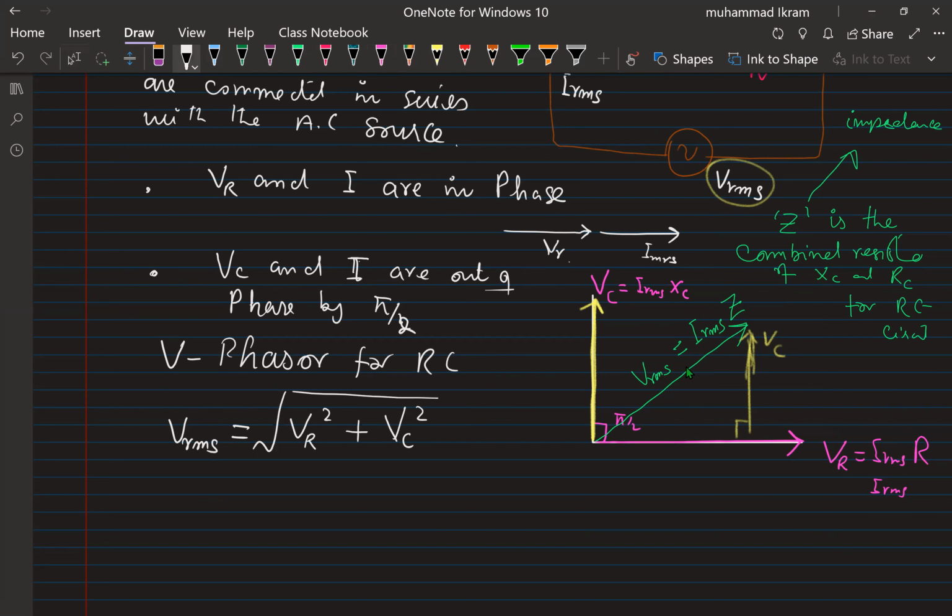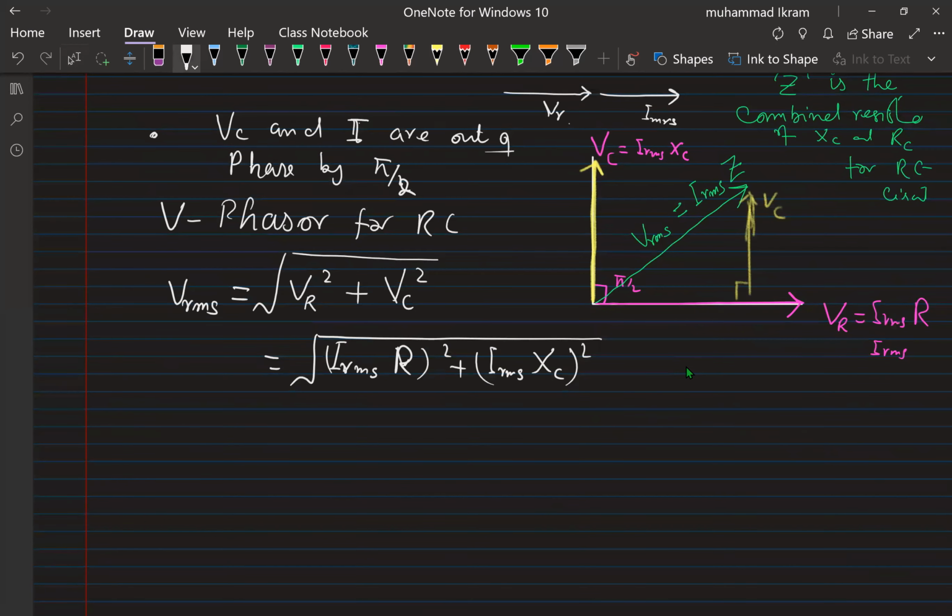So instead of this, I can write Irms, Imax you can write also, the Irms into R whole square plus the Irms into XC whole square under the root.